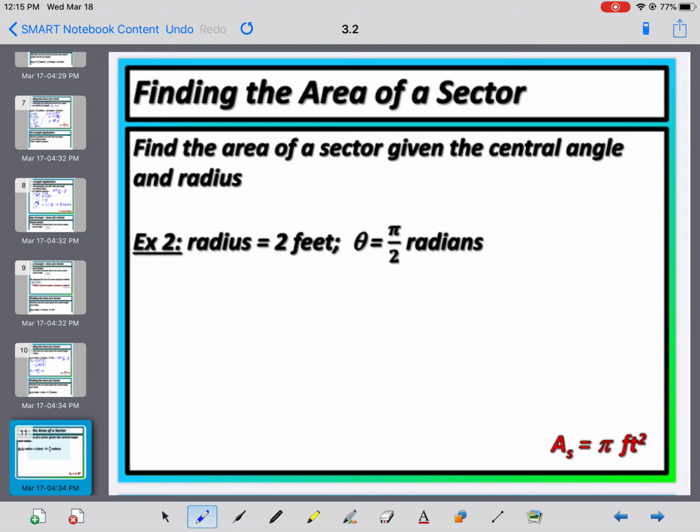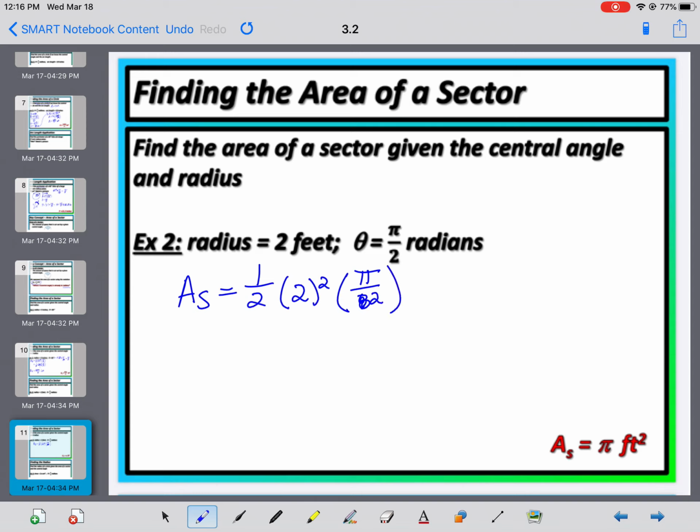Okay, so again, find the area of the sector, and my theta is already given to me in radians, so that saves me a step. So my radius, nope, I'm sorry, we're doing area. So A sub s equals 1/2 times 2 squared times pi over 2.